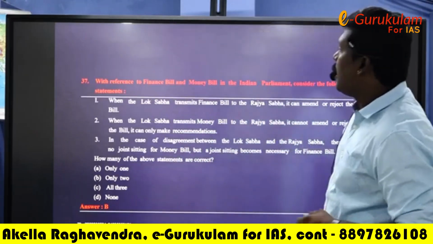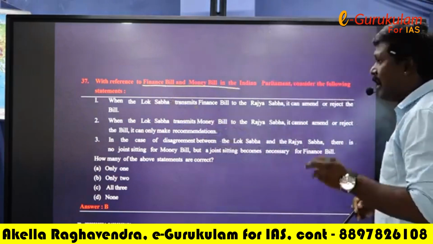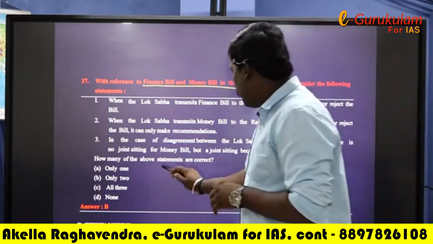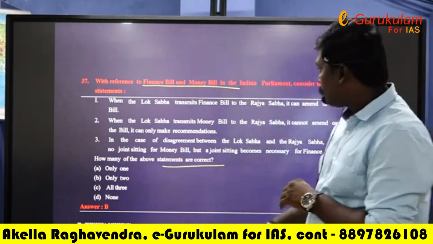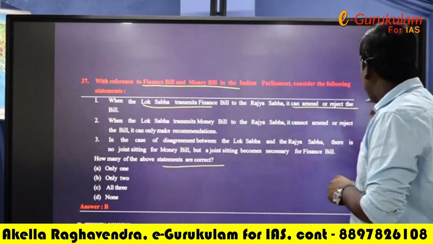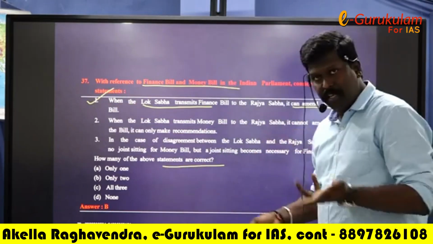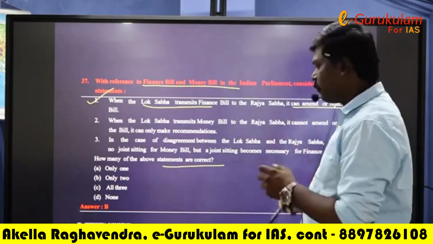Next question. With reference to financial bill and money bill in Indian Parliament, consider the following and choose the correct statement. When Lok Sabha transmits a financial bill to Rajya Sabha, it can amend or reject the bill. Correct, sir? A financial bill can be rejected or modified by the Rajya Sabha. No problem.